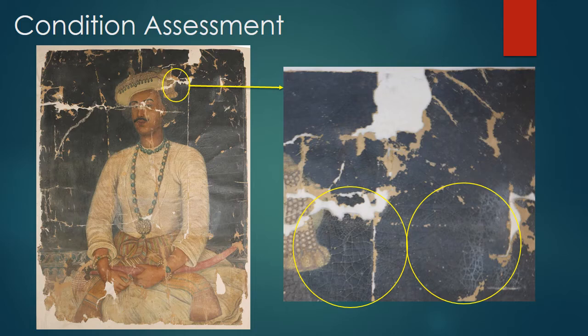However, these cracks were not aging cracks as expected, but those caused by expansion and contraction of the canvas due to rapid change in humidity and temperature or exposure to moisture.